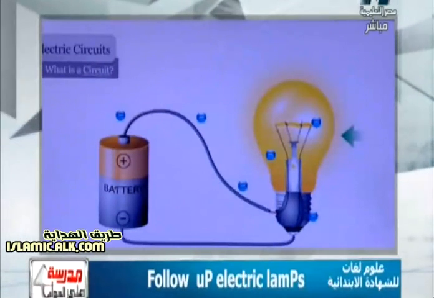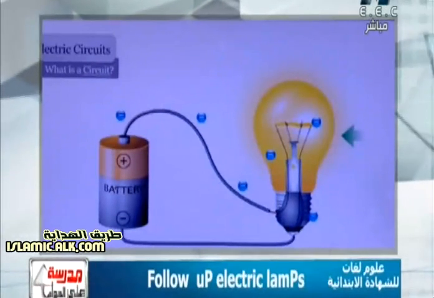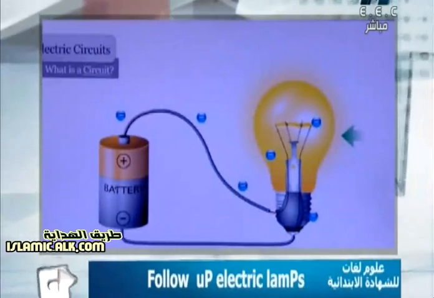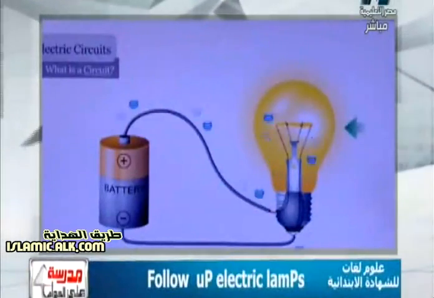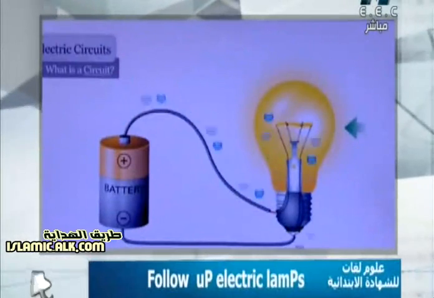So the electric circuit consists of three main parts, which are the battery, the lamp, the wire, and it's a very interesting and easy activity you can make at your lab or at your home, to make the lamp light by using the battery and the wire. So now let's see the rest of the video about the electric circuit. Again, it consists of what?